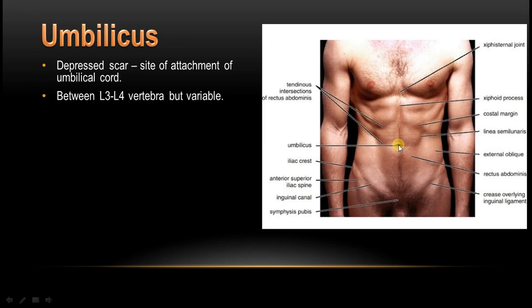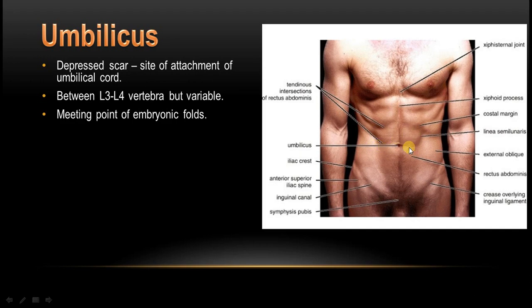One is if the abdominal cavity is filled with fluid, if there is fluid in the peritoneal cavity, most commonly in ascites, or in pregnancy, when the anterior abdominal wall expands enormously, then the umbilicus might get evaginated or everted.